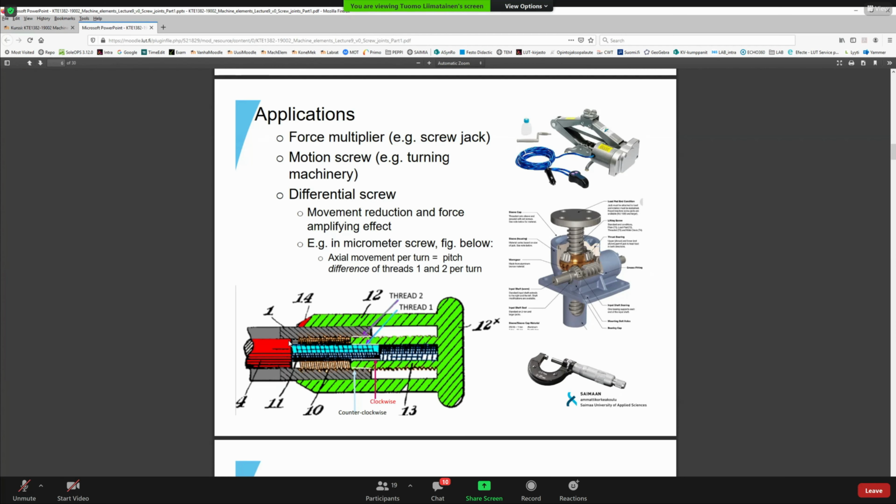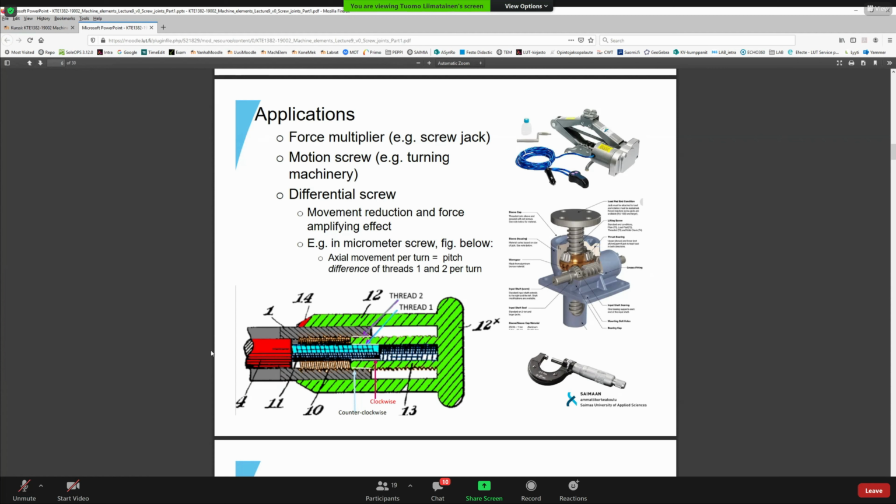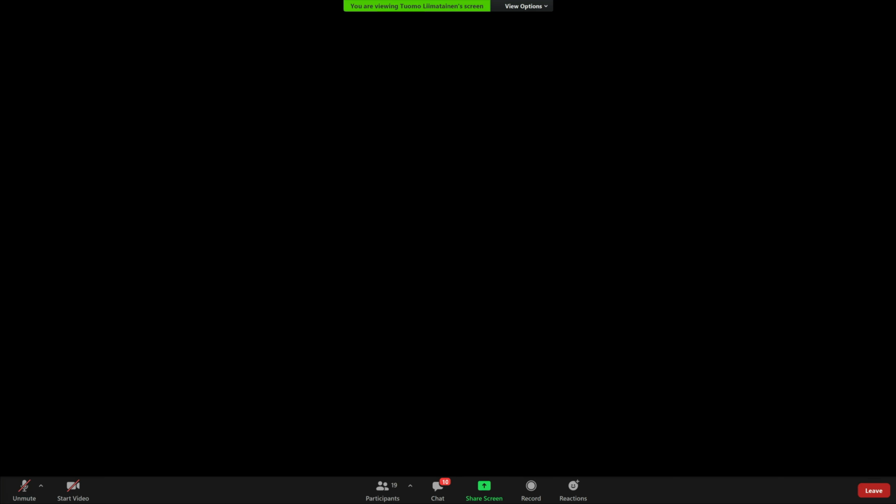So you have basically two nested threads, so they are inside each other. If you rotate this green part, the handle, it will cause this blue shaft to turn inside the green part because there's a thread, and the rotation of the shaft is prevented, so it moves only in the axial direction.